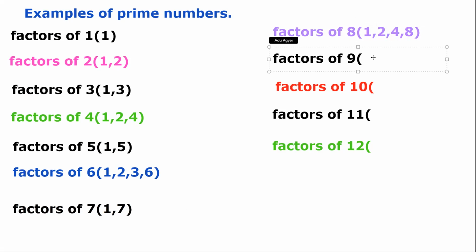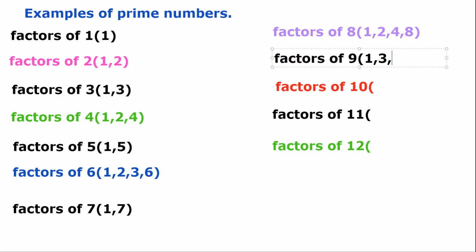Then factors of 9. 1 can divide 9 equally, 2 not, 3 can also divide 9, and then 4 cannot, 5 cannot, 6 cannot. When you use the method, you should be able to identify.